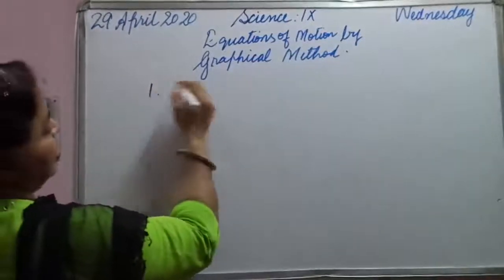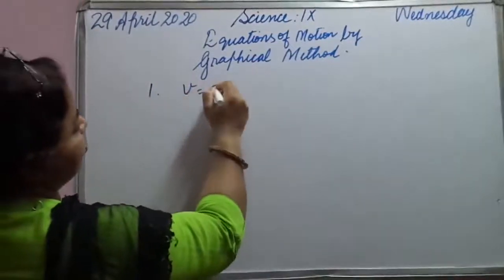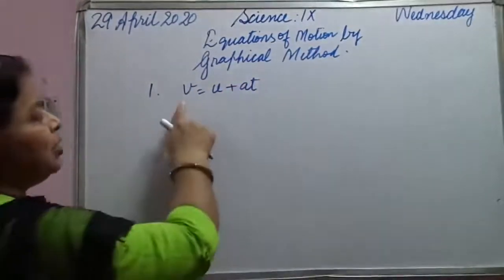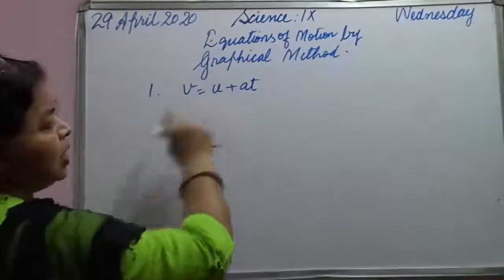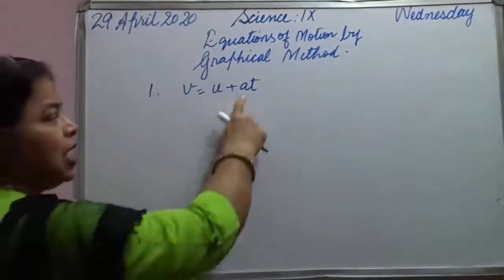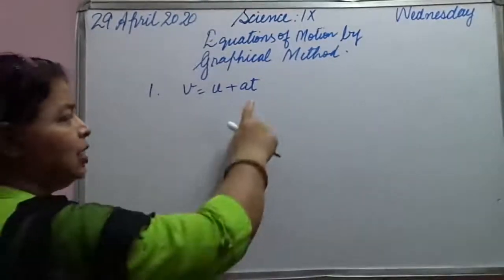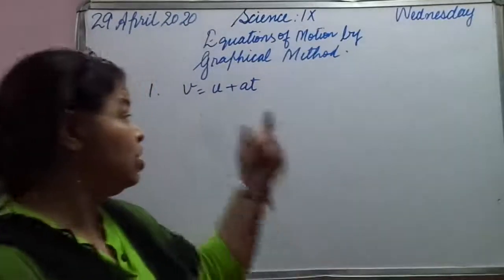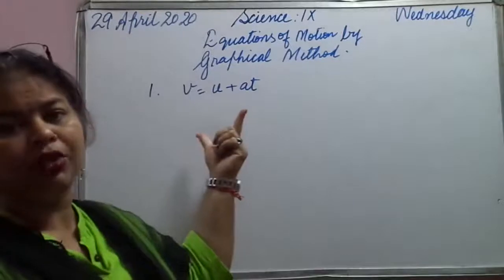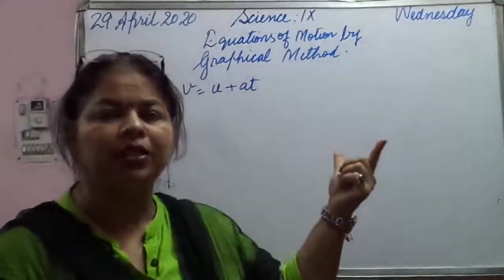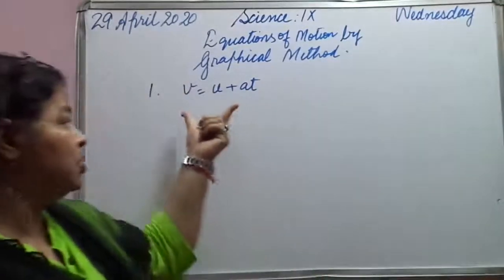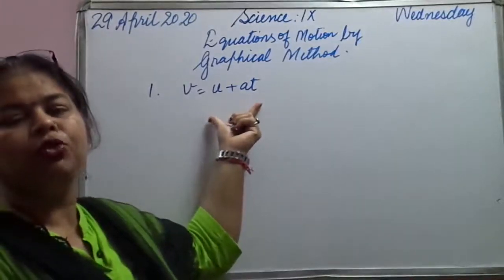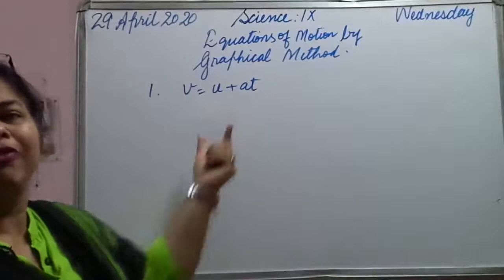The first equation is v = u + at, where v is the final velocity, u is the initial velocity, a is the acceleration of the object, and t is the time taken during the whole event. This is the first equation of motion.